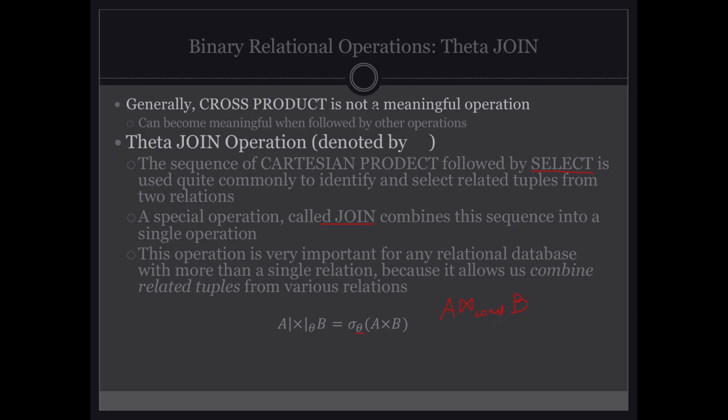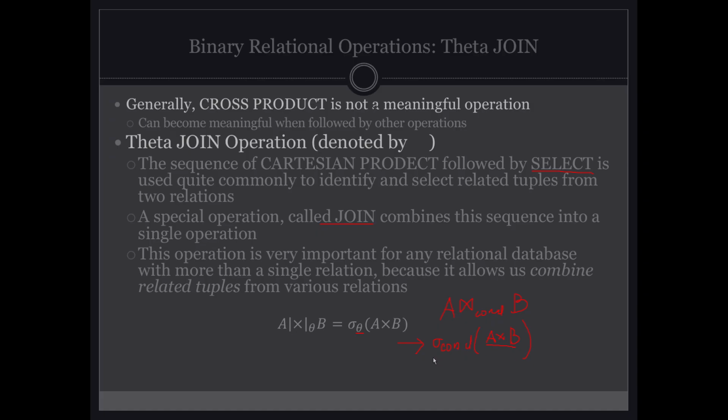Alternate notation is that you do a selection with the join condition, whatever it might be, applied on A times B. Okay, so this is the one that you already kind of know.